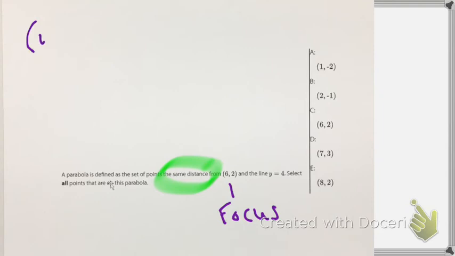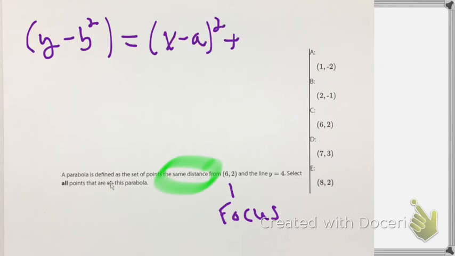Remember, it looks like this: y minus b squared equals x minus a squared plus y minus c squared. I think I got the b and the c right there. I'll change that if I need to.